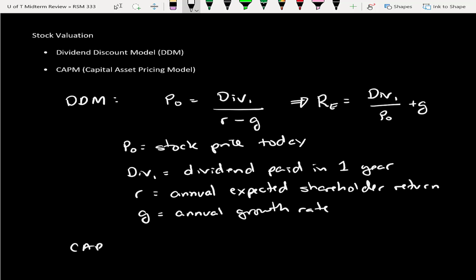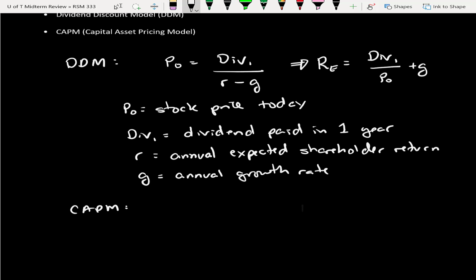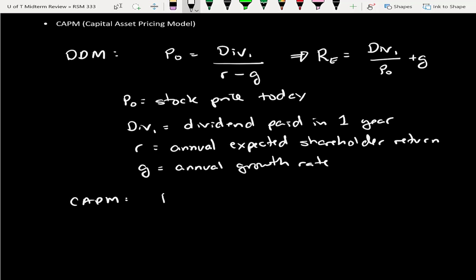The capital asset pricing model will also give you the cost of equity, and it does so with this formula. Cost of equity is equal to RF plus beta times (RM minus RF).